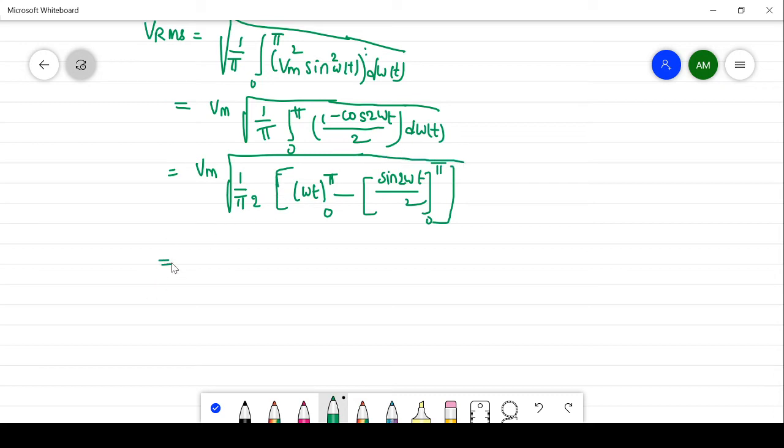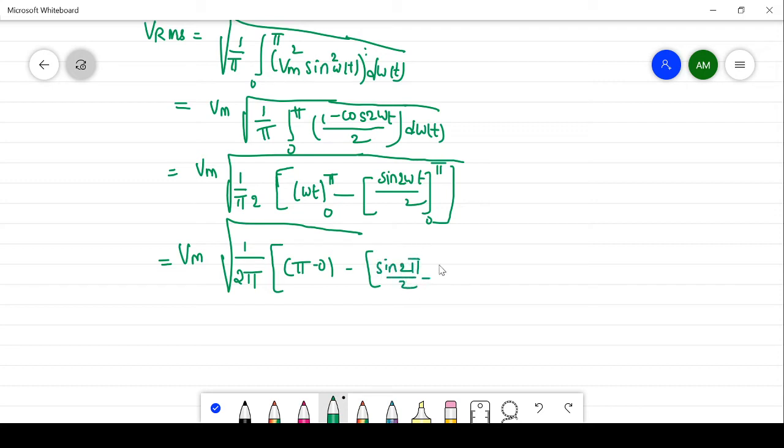Okay, so Vm and root of 1 by 2 pi, apply the limits here. So pi minus 0, minus sine 2 pi by 2 minus sine 0 by 2.